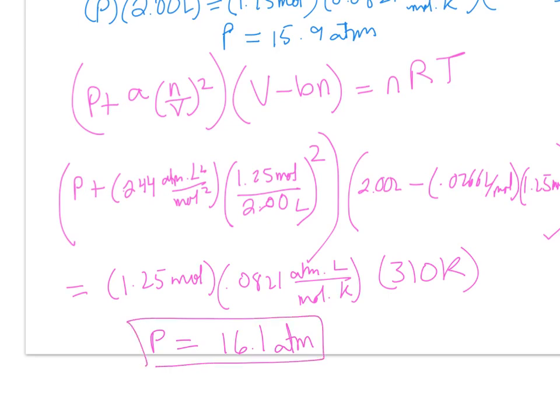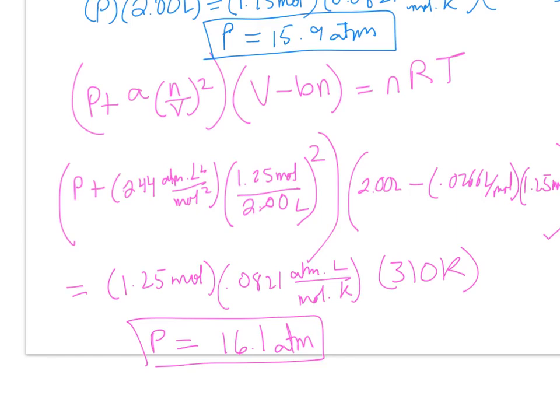And so this is the answer if you use the van der Waals equation, the real gas equation. So they're relatively close to each other. But if you had to pick a more accurate answer, it's definitely the 16.1 atm.